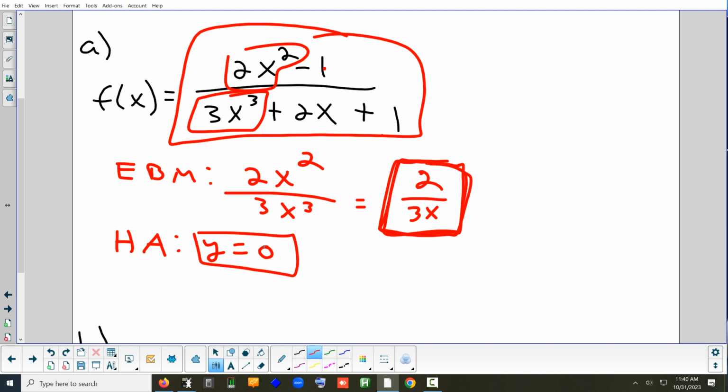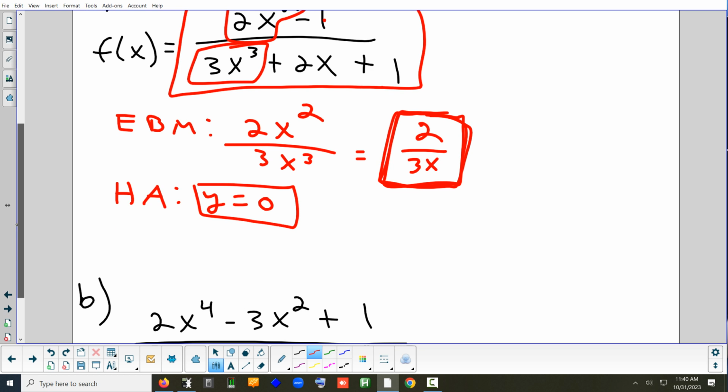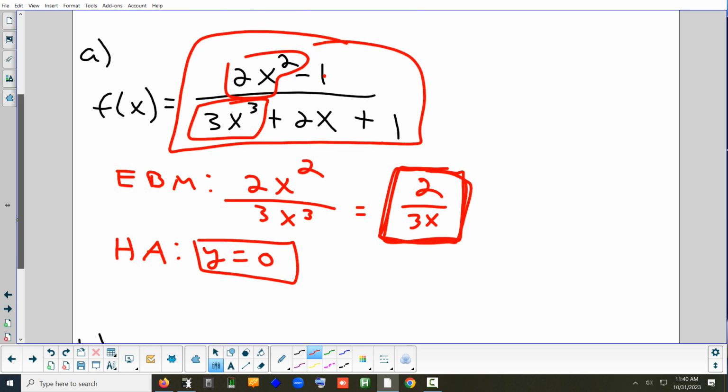So you let x get bigger and bigger and bigger. Like, if you're not sure of a number, you're going to try 1,000,000. 1,000,000 times 3 is 3,000,000. So the denominator gets huge. That means the entire fraction gets small. And that's it. That's how you find an EBM and use it to get the horizontal asymptote.